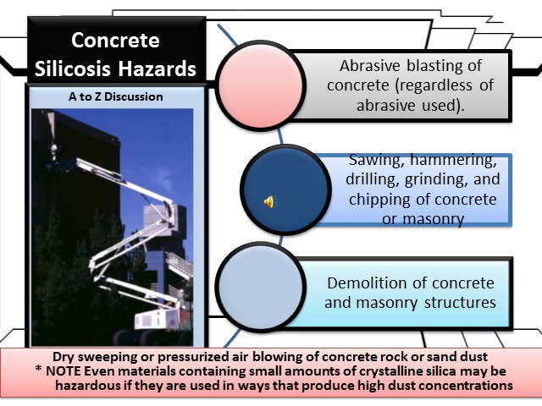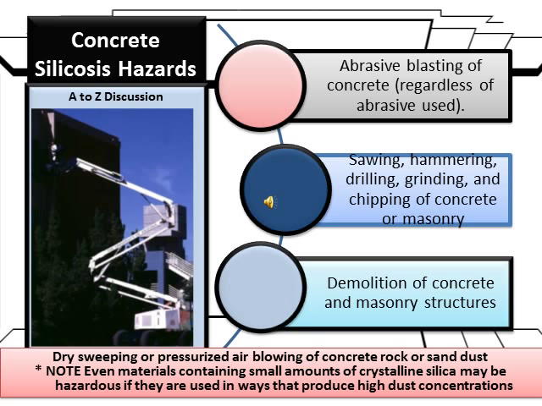Abrasive blasting of concrete, regardless of the abrasive used, is a contributory hazard to silicosis. Sawing, hammering, drilling, grinding, and chipping are also potential hazards, along with demolition of concrete and masonry structures.